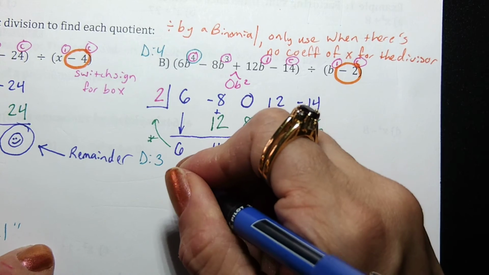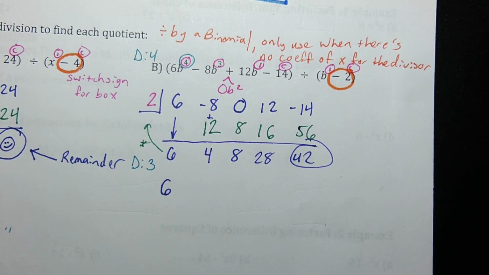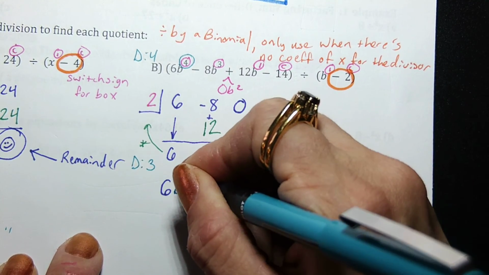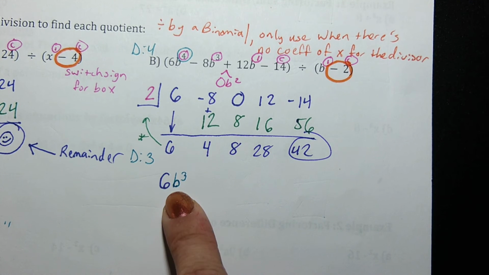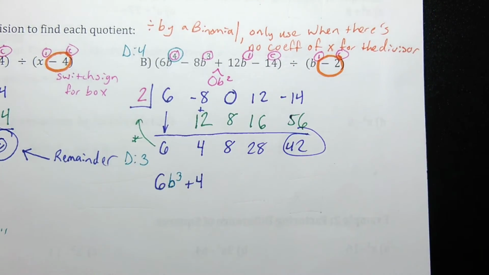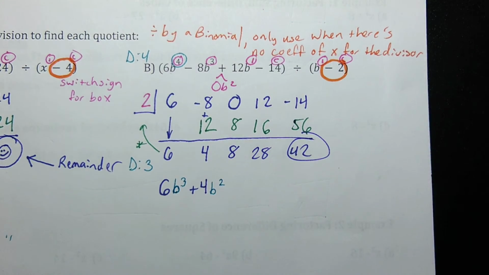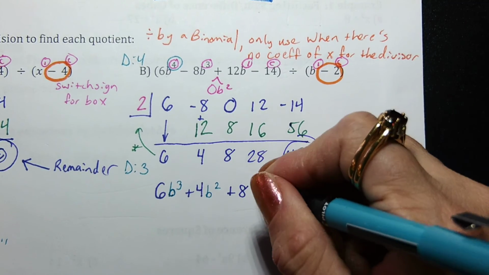So now we start putting in the variables to match that starting degree, which would be B cubed. So the degree of my answer has to be 3. So that largest variable power with the first coefficient will be B cubed. So then what variable will I have with the 4 if they go down in descending order? B squared.